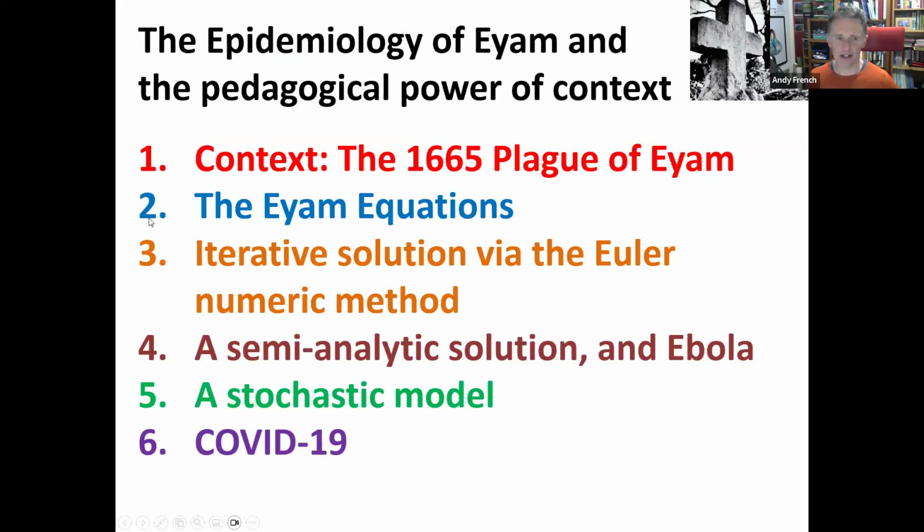Okay, so this is the whole story. As usual, we will dip into this. We'll talk about the 1665/66 plague of the village of Eyam in Derbyshire. Then we'll develop the Eyam equations, a set of 4 equations which describe epidemiology, which is all about susceptibles, the subset of people who are susceptible to a disease, the infectives, those who have the disease, and the recovered, or possibly the dead.